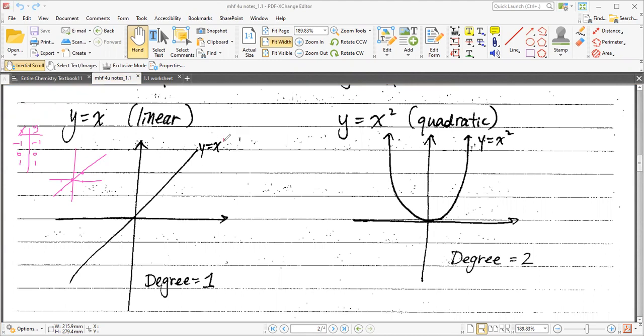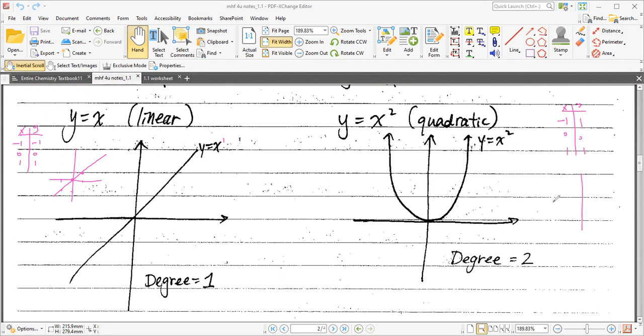The highest power is 1. That's why the degree is 1. The leading coefficient is +1. For x^2, we have 3 points again. When x is -1, -1 to the power of 2 is 1. When x is 0, 0 to the power of 2 is 0. When x is 1, 1 to the power of 2 is 1.